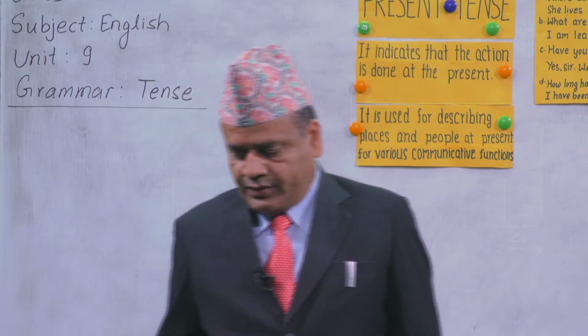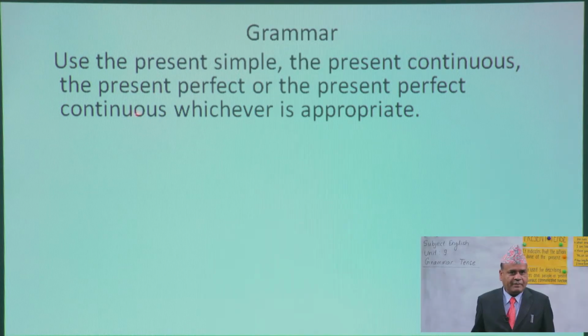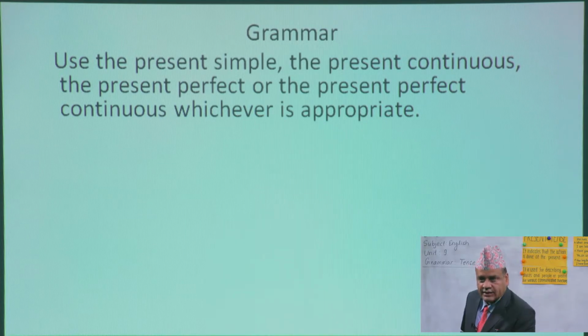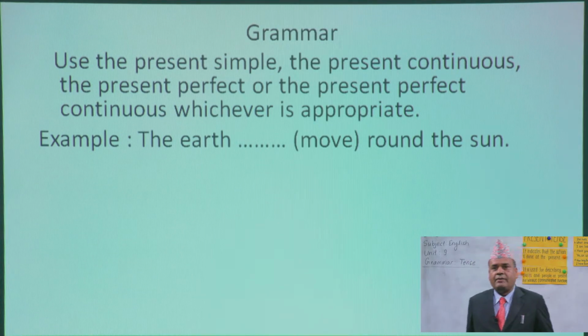All right, so in the grammar section, we see, use the present simple, that is simple present, okay? The present continuous, the present perfect, or the present perfect continuous, whichever is appropriate. So we are going to do this. Here now, an example is given.